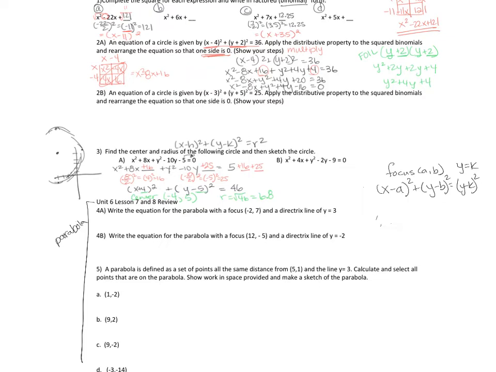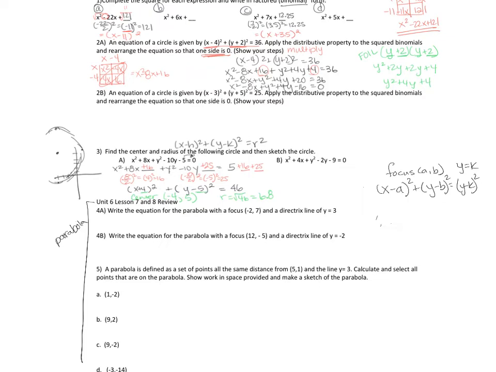This is also on our formula sheet, by the way. I would print the formula sheet or write it on your own sheet of paper, so you have the formula sheet handy, not only when you do these problems, but also for the quiz. So let's take a look at 4a.